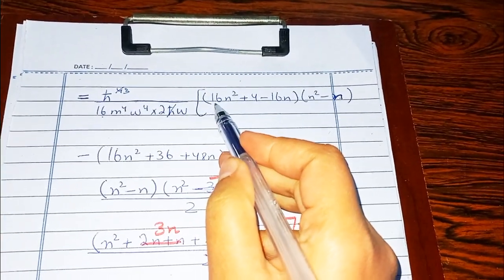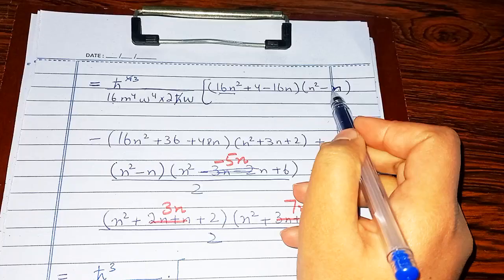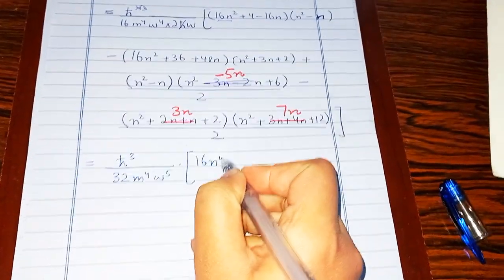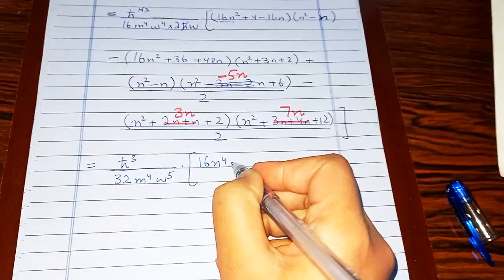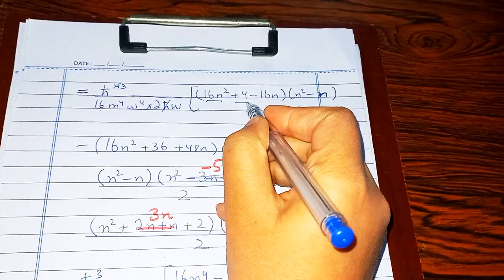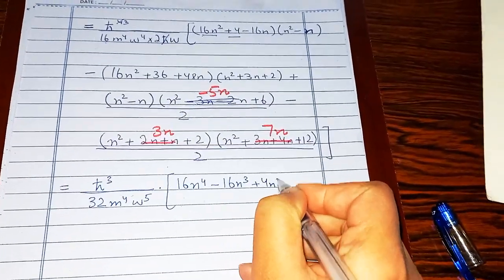First I'll multiply 16n square with n square, so it's 16n4. And 16n square into minus n is minus 16n cube. Then we'll multiply plus 4 with n square, which is 4n square.